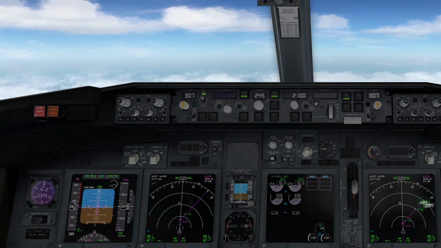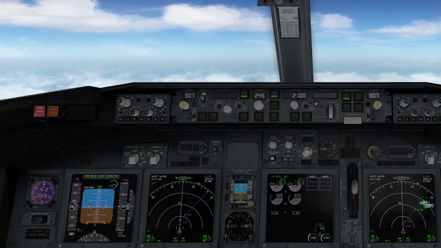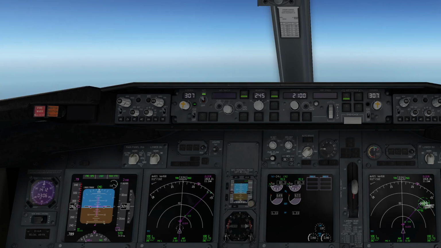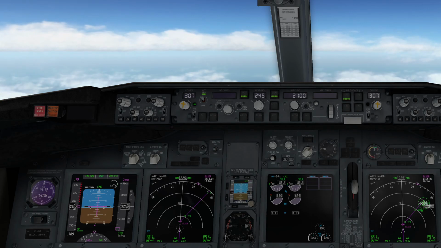Now it will probably be a fast descent. We shall see, but I'm expecting more than 3,000 feet per minute. Sometimes. So Elseer is 11.5. We have 120 kilos in the center tanks.